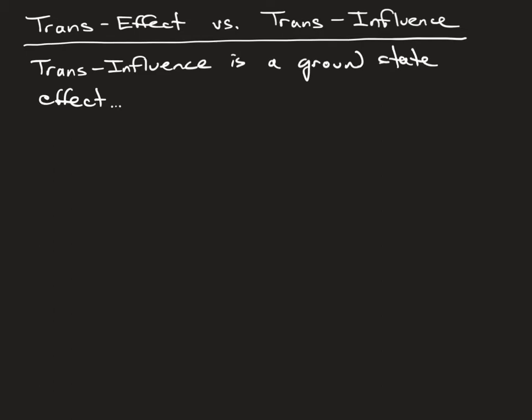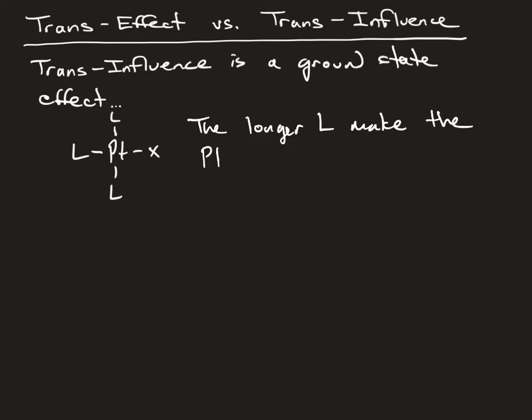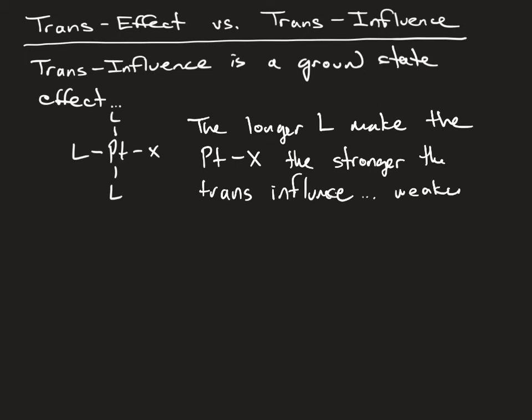If we have some platinum complex, sticking with platinum, and we're looking at this trans platinum X bond, the longer that L ligand makes that platinum X bond relative to other L ligands, the stronger we say it's having a trans influence, the stronger the trans influence, and hence the weaker the bond.